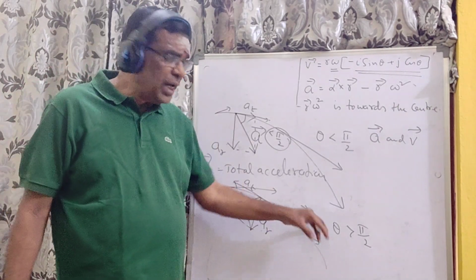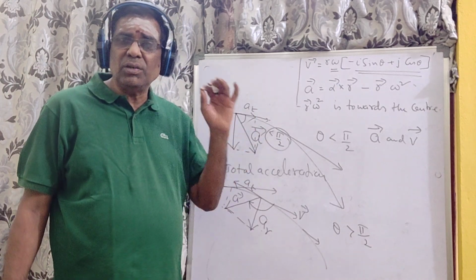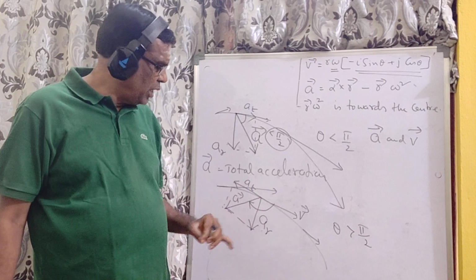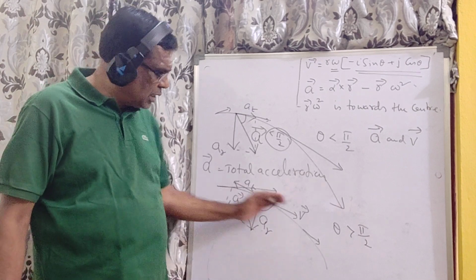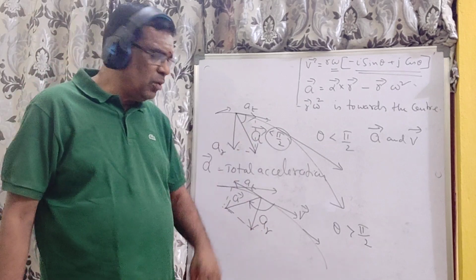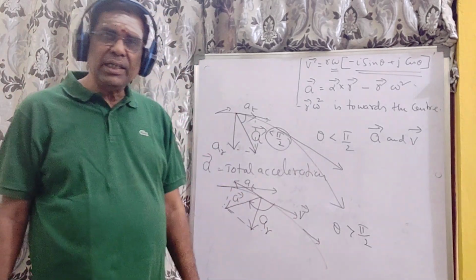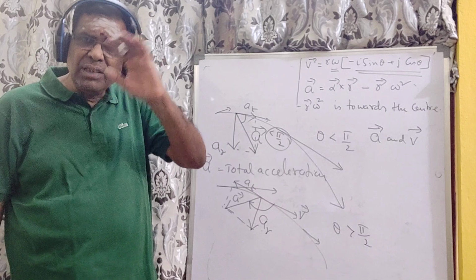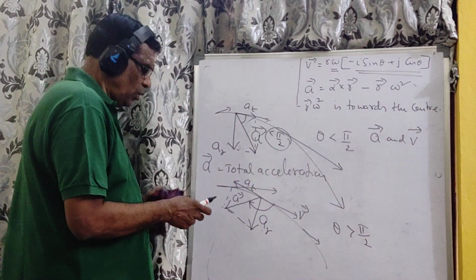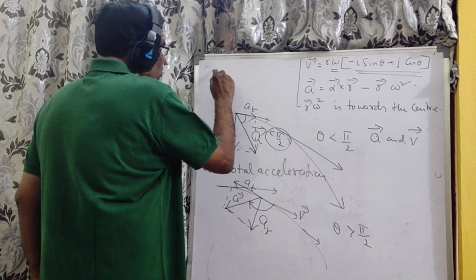So, obtuse angle means magnitude of velocity goes on decreasing. That is number one. And number 2, it is a curvilinear motion. Okay? Acute angle we saw, obtuse angle we saw. Supposing if I want to have exactly pi by 2. What do you mean exactly pi by 2?